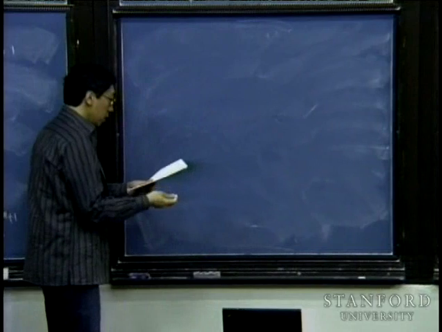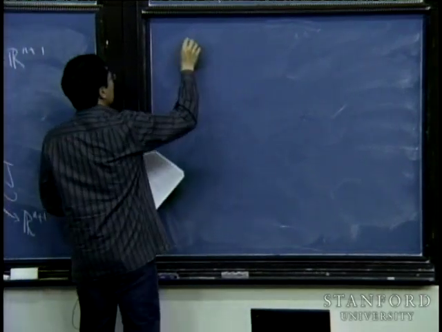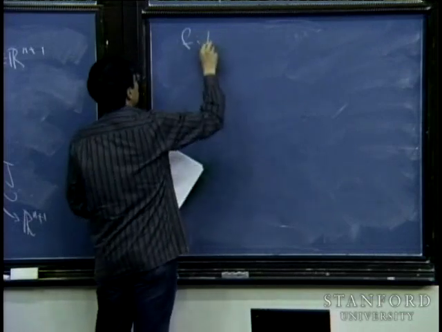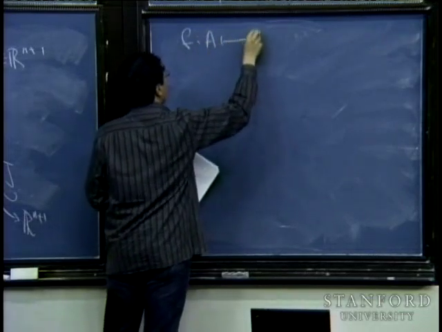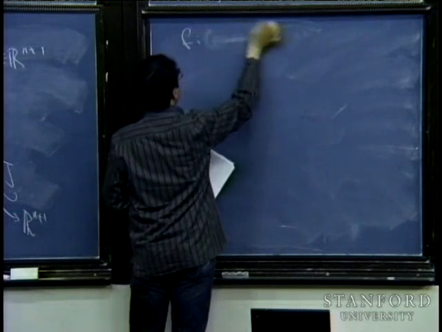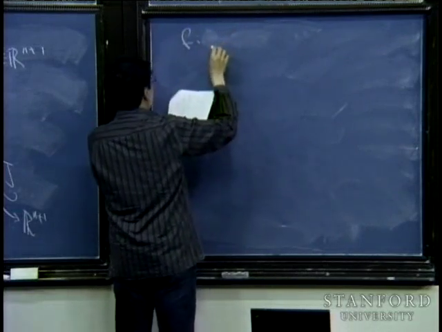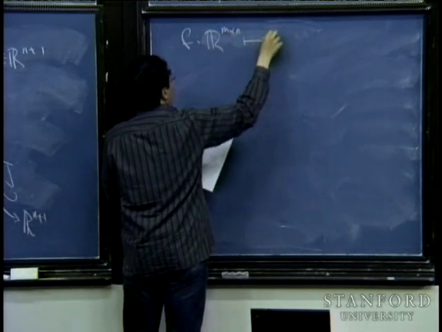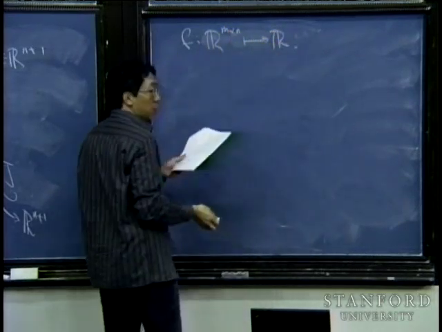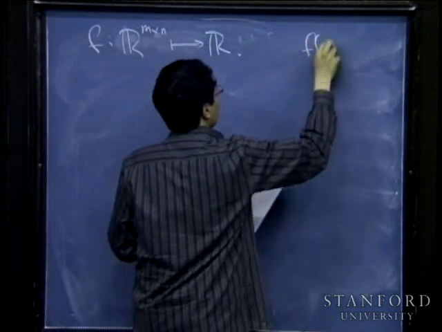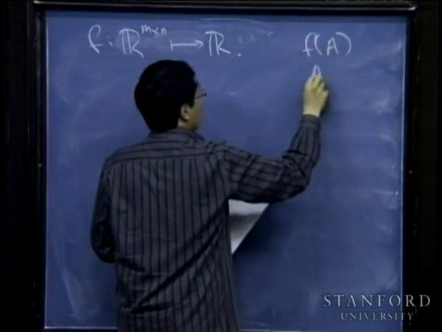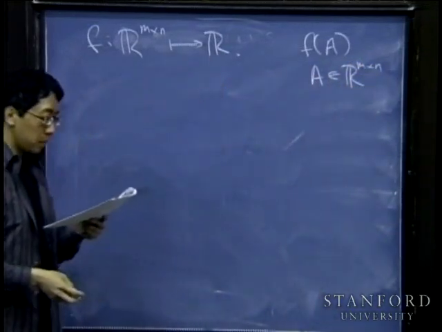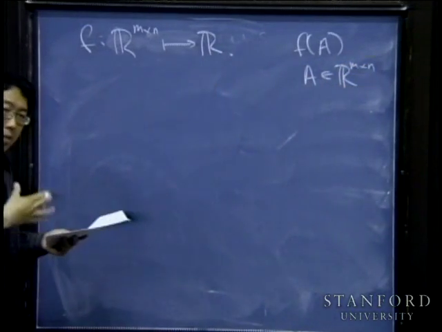So more generally, if you have a function f that maps from the space of n by n matrices to the space of real numbers, so f of A, where A is an n by n matrix, this is a function that maps from matrices to real numbers.